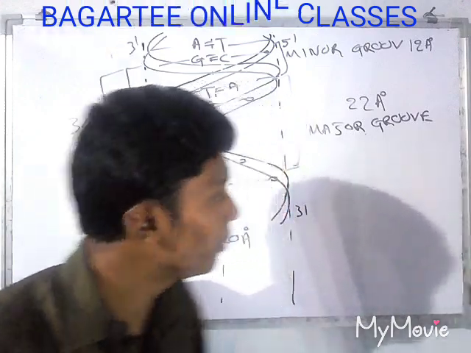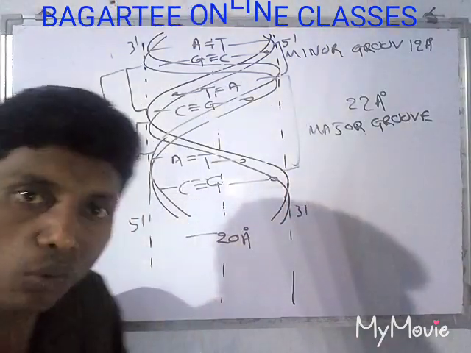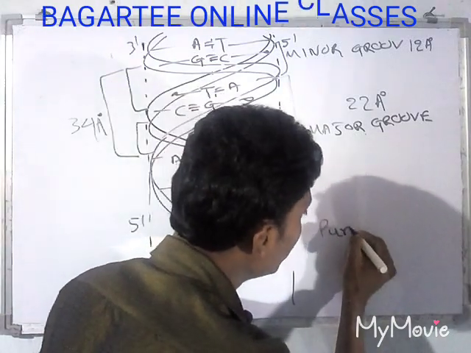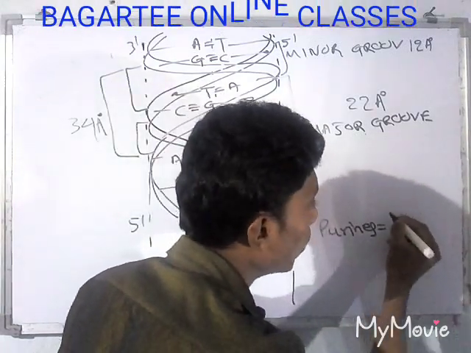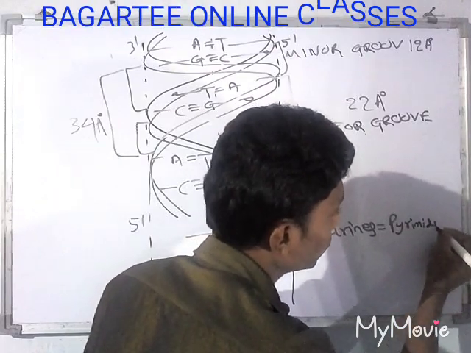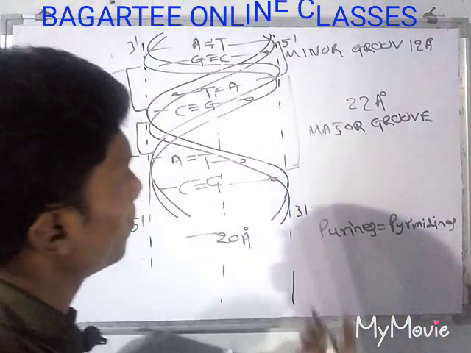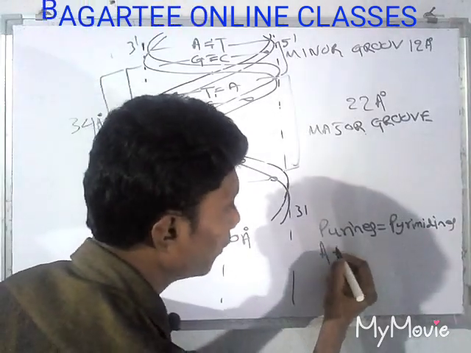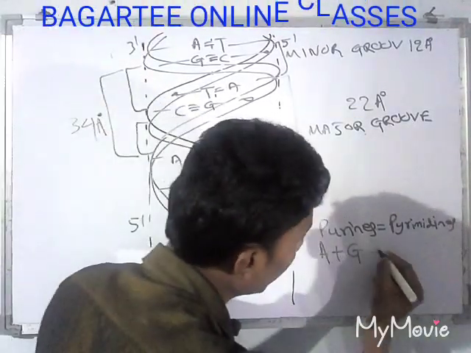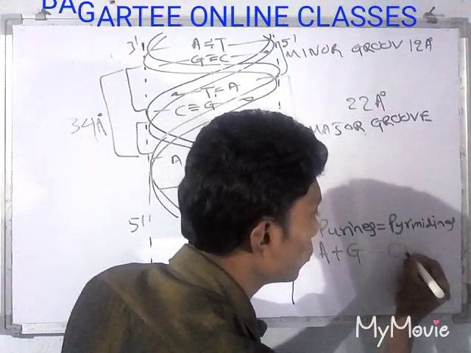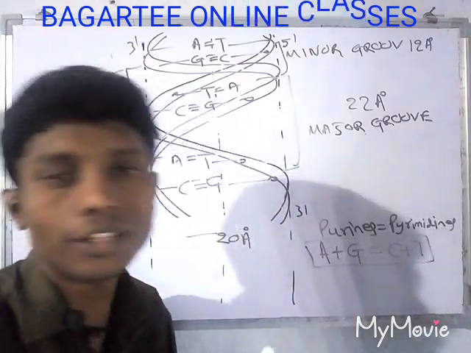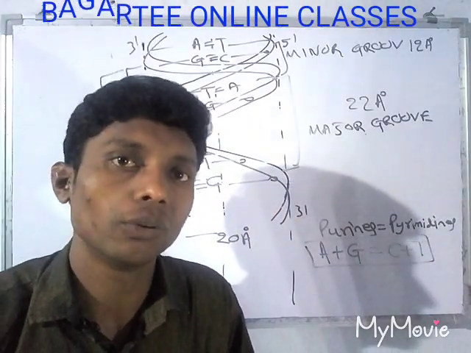And in case of DNA, the amount of purines, that is adenine and guanine, is equal to the amount of pyrimidines, that is cytosine plus thymine, and this is called the Chargaff rule.